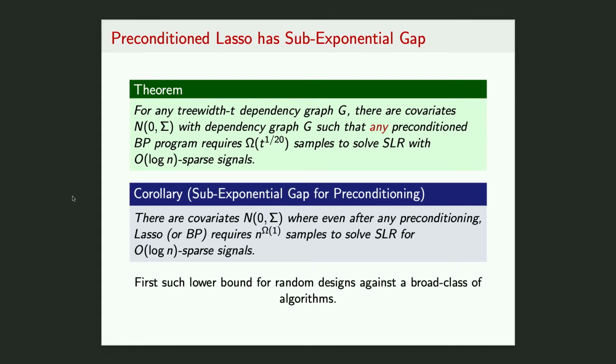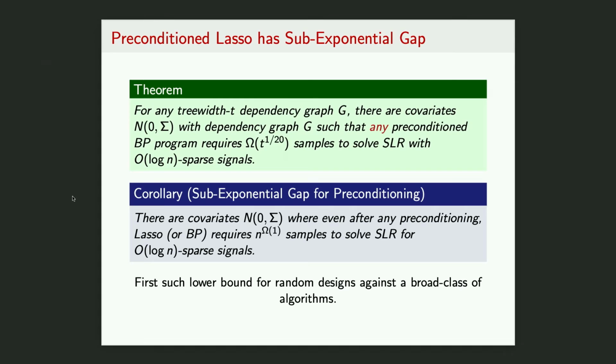This requires a lot of work because you want to parameterize over all possible preconditioners. We're saying that as long as the dependency graph has tree width t, there is some covariance, some numerical values you can put on it, so that any preconditioning will require t to the 1/20 samples. So preconditioning is not going to get us better than polynomial speed.